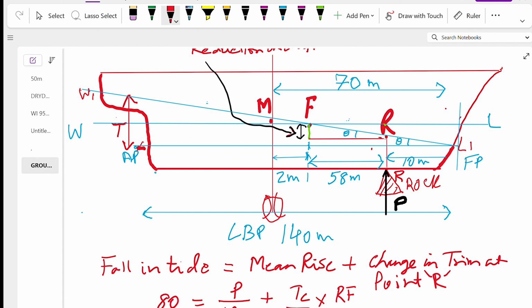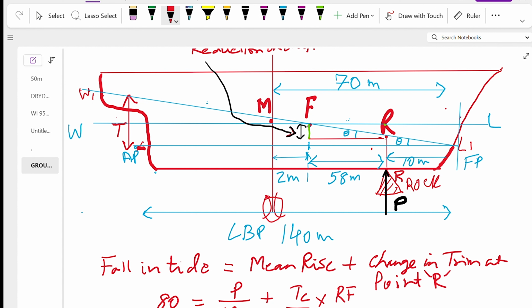This is the point to understand that when you do change of draft after, you say we do change in the trim upon LBP into LCF. LCF is nothing but distance of perpendicular from center of flotation. Here we are finding change in draft at location R. The change is in green.